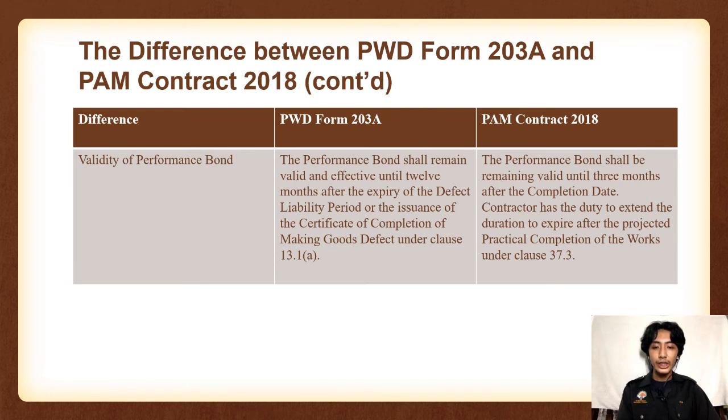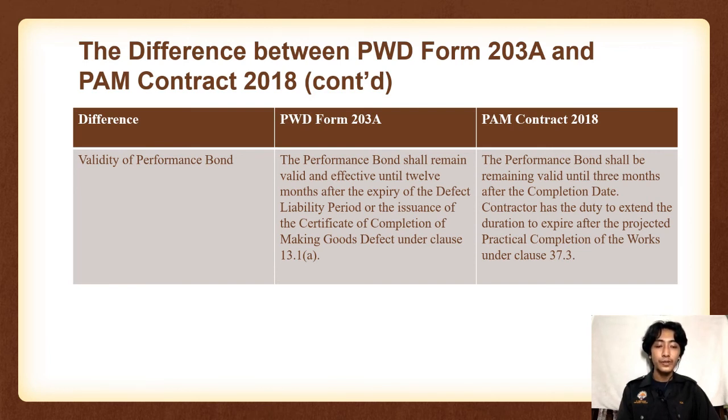In point 3, validity of performance bond. For PWD Form 203A, the performance bond shall remain valid and effective until 12 months after the expiry of the defect liability period, which is DLP, or the issuance of the Certificate of Completion of Making Good Defects, which is CMGD, under clause 13.1a.